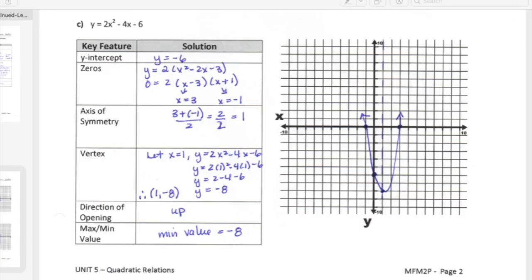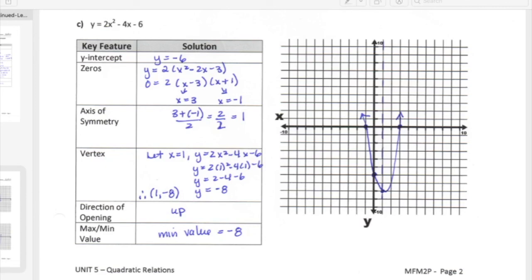That's, remember, that line that runs straight through the parabola. My vertex, in order to find the vertex, I'm going to take that axis of symmetry, which was 1, and substitute it in for x in the original equation. So let x equal 1, and I put 1 in for my x's. So y equals 2 times 1 squared minus 4 times 1 minus 6.